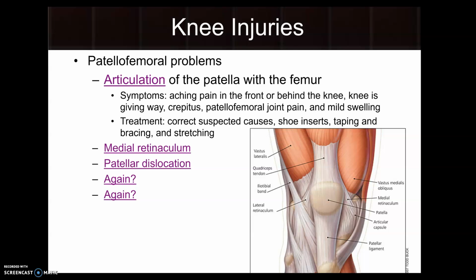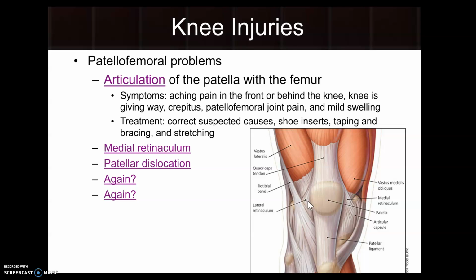Pain, giving way, crepitus, and swelling are all associated with articulation problems. The patella is held in place by the medial retinaculum, and it's also held in place by the lateral retinaculum.